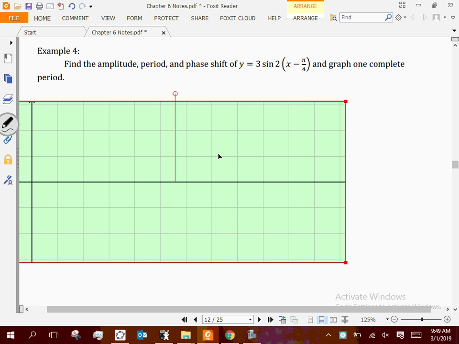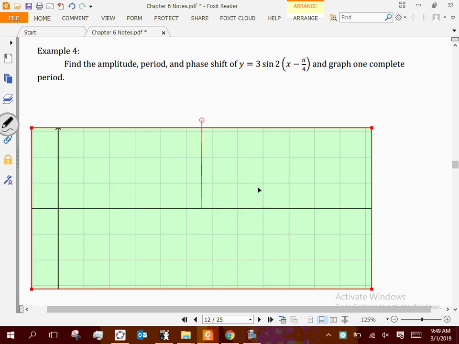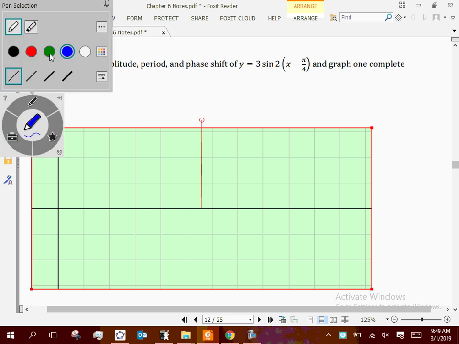Let's do this one. This one I really like because it incorporates a horizontal movement. Okay. One thing I need us to understand, I'm gonna write this in red above it. They could present this as 3 sine of 2x minus pi over 2.